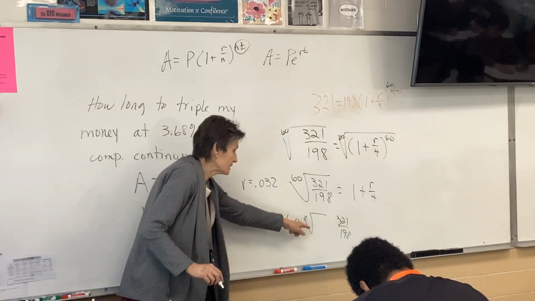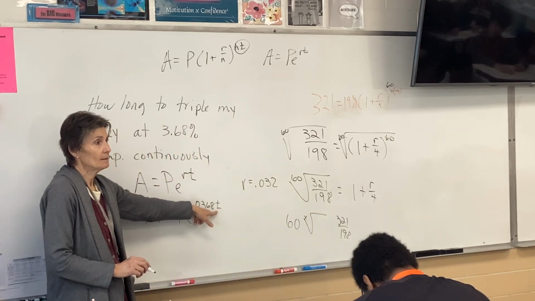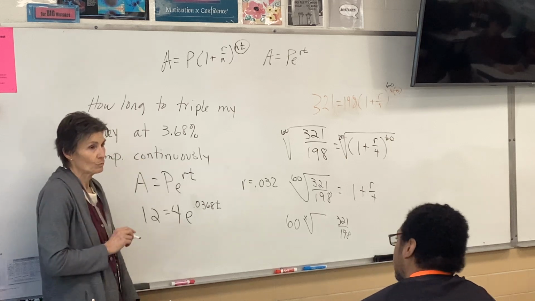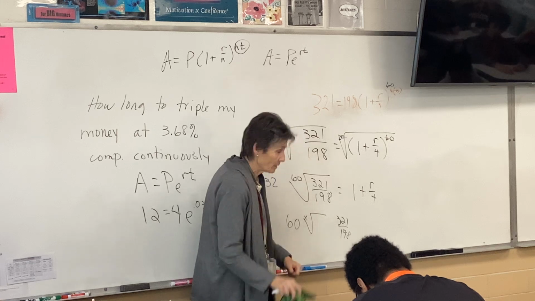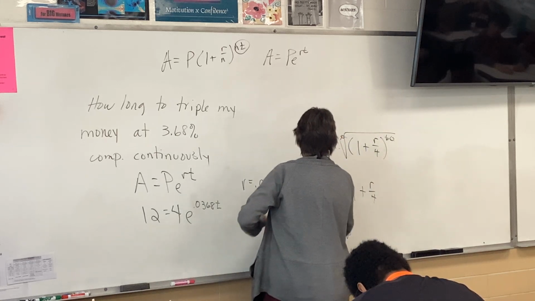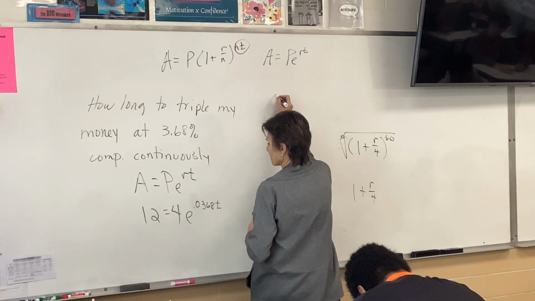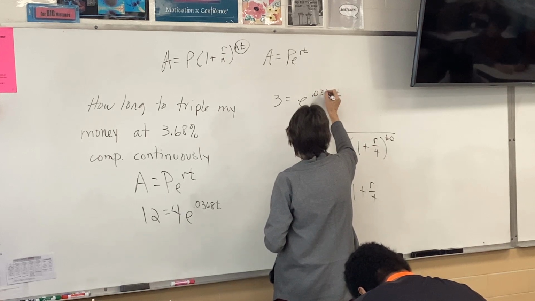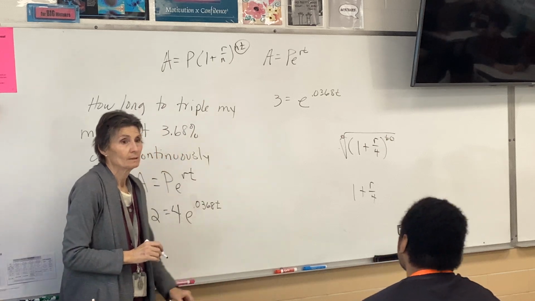Am I gonna be using this button this time? Heck no, I'm gonna be using logarithms. But not until I do what? Divide by 4. So my equation looks like this. Would everyone agree with that, if I divide both sides by 4?